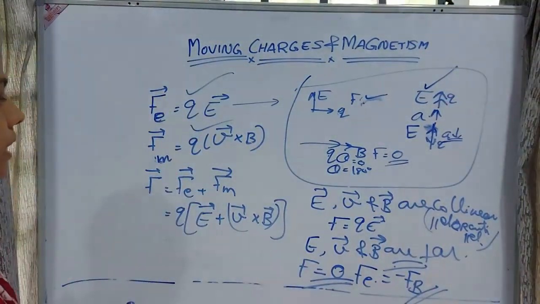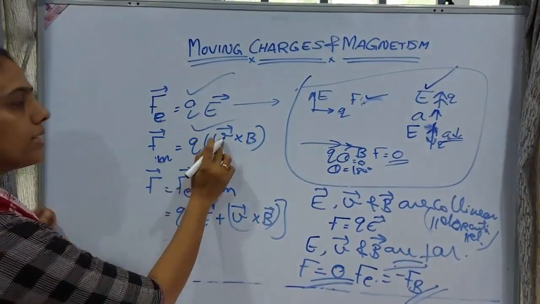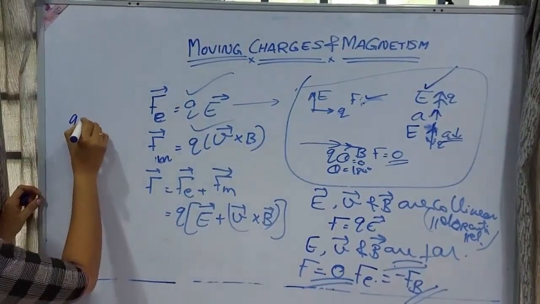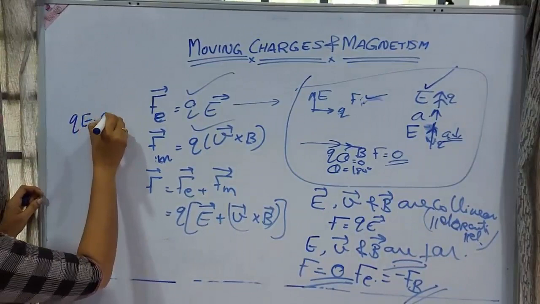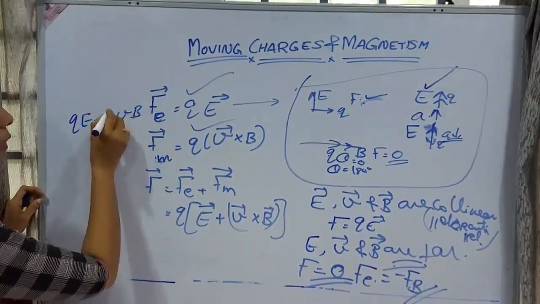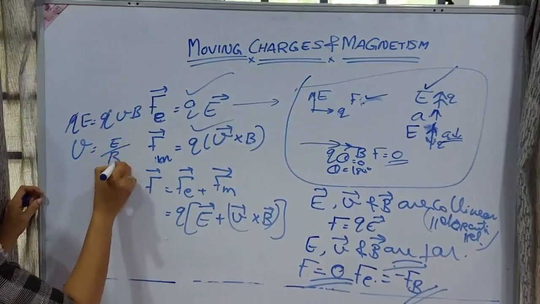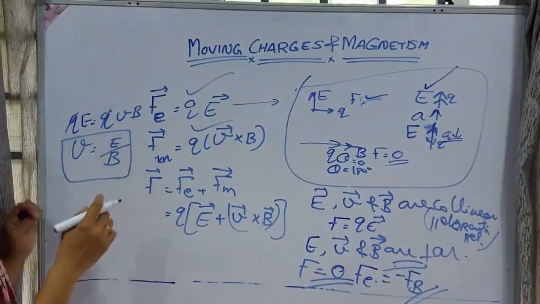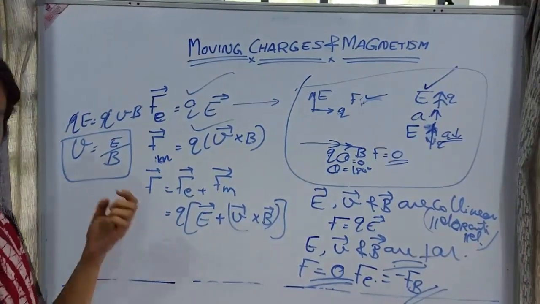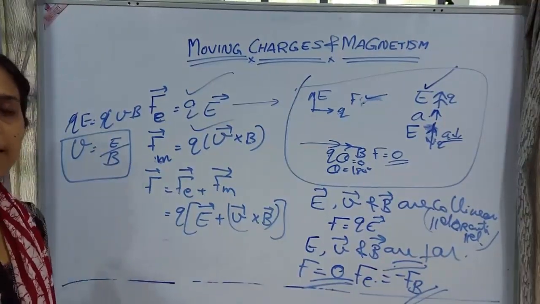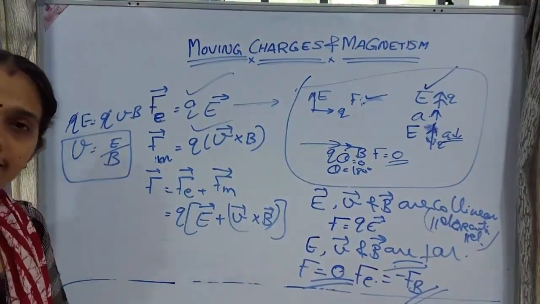Force due to E is QE, equal to Q into VB. QE equals Q into VB. Q and Q get cancelled. V equals E by B. So it is independent of the charge and the mass of the particle.